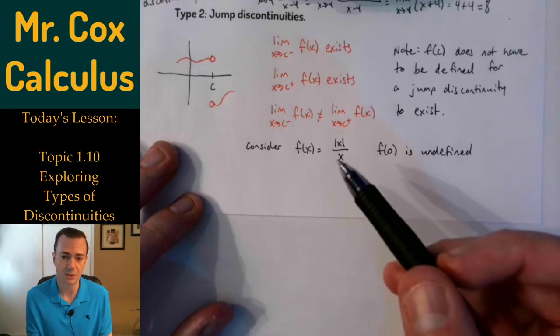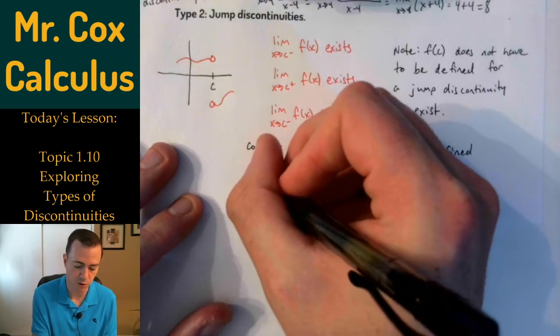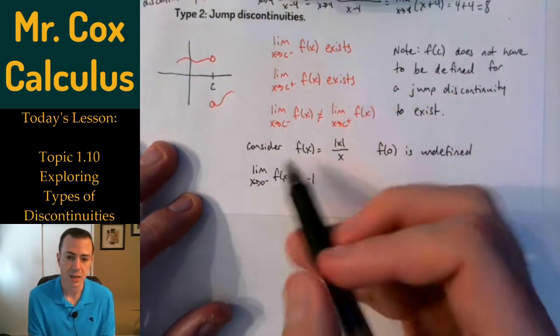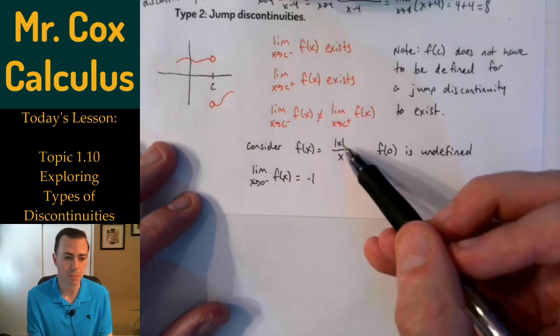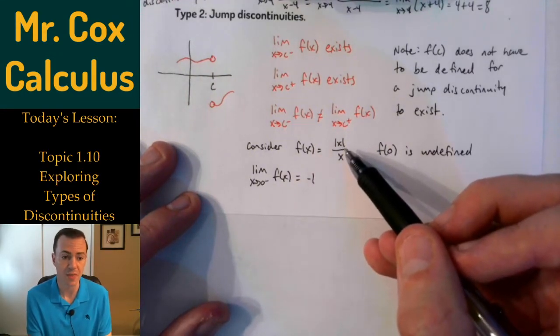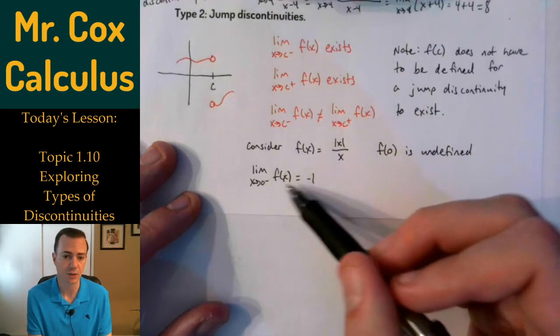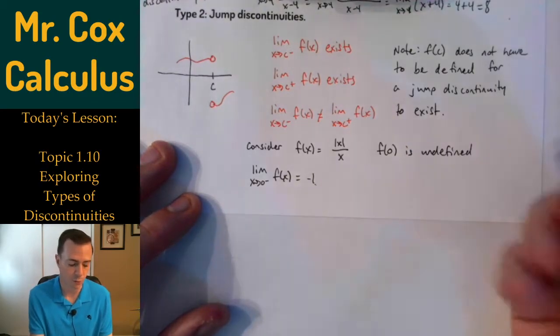Well, we looked at this graph earlier, and what we said was the limit as x approaches 0 from below of f of x is equal to -1. For all negative values of x, the absolute value forces them positive in the numerator, and then they get divided by their negative selves in the denominator. So this is actually a constant function to the left of 0, holding at -1.